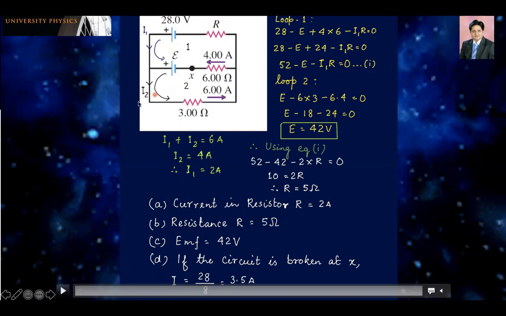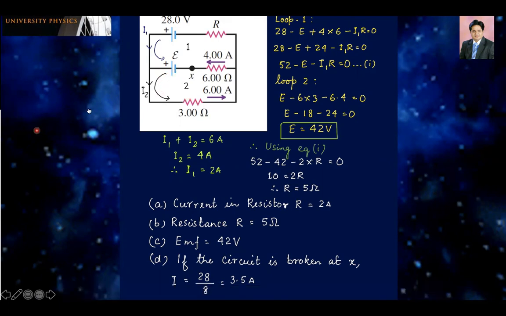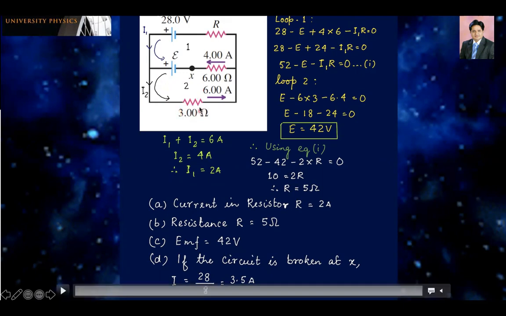And then for the second loop, you start from here. The I2 is the current that is flowing here. And this is moving in the direction. So this current is in the direction what we have taken. So there will be a voltage drop. So you could write down that equation for loop 2, that E minus 6 times 3 because the resistance is 3.